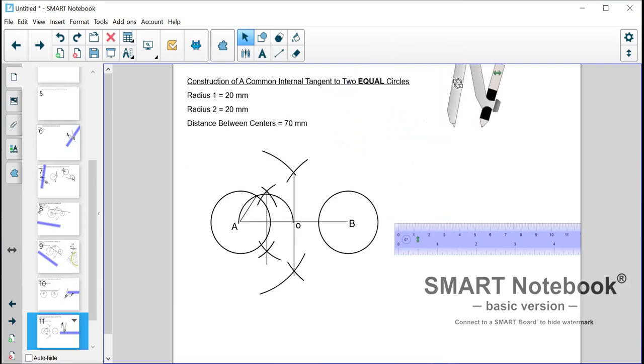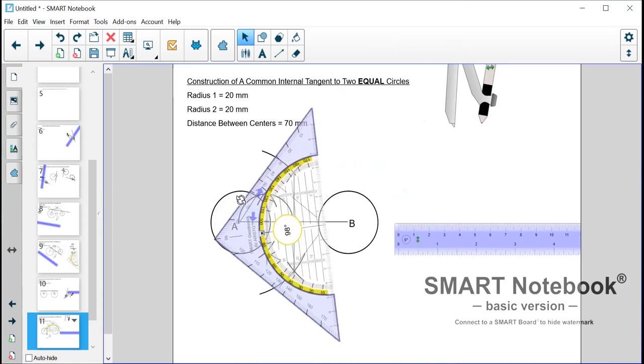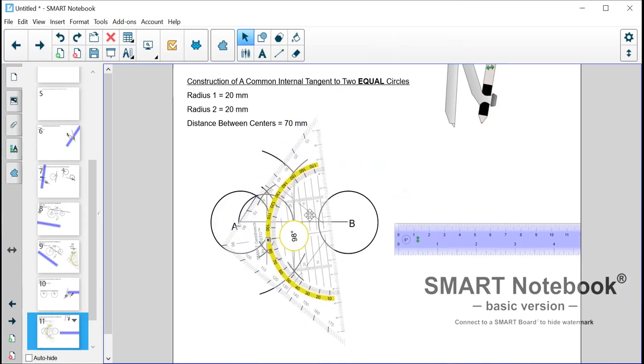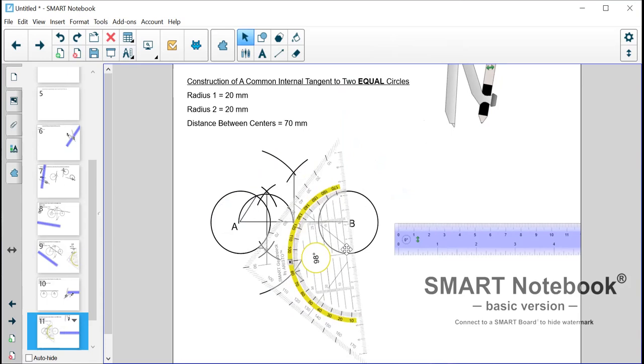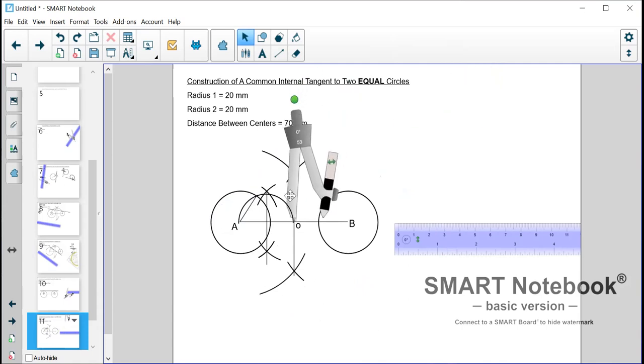Or we can slide this line using the set square, as we did in the previous constructions, to come to B. Or we can just bisect OB and get the semicircle.